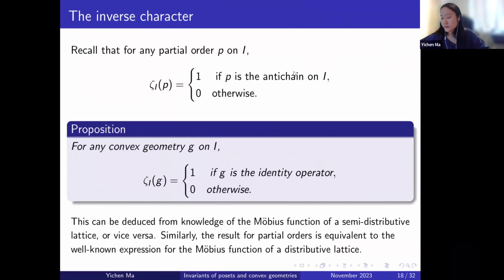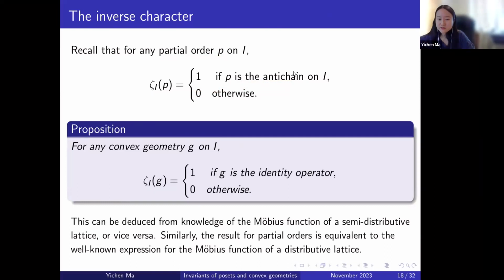Recall that eta sends every basis element to 1. We have the convolution inverse, eta bar, in the poset setting. This sends P to 1 if P is an antichain on I and 0 otherwise. By computation, we can obtain the zeta on the convex geometry setting.